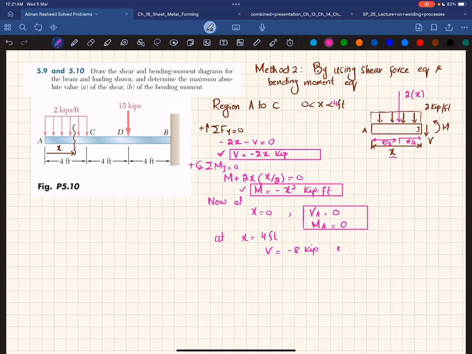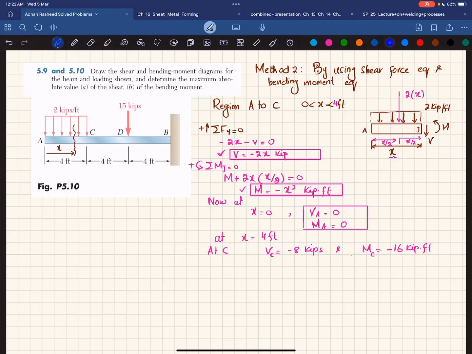And M will be equal to minus 4 square, which is equal to minus 16 kips into feet. These are at point C, because x is equal to 4 feet at C. So this is V at C and M at C.